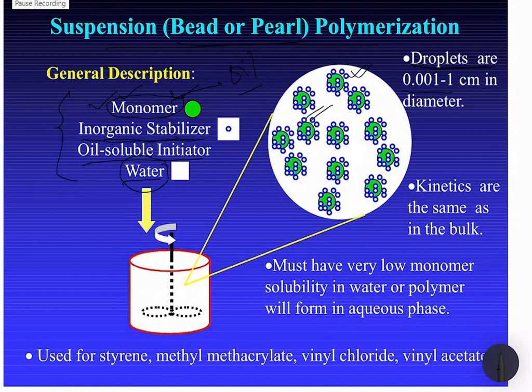So we can have precipitation in the form of beads or pearls of these polymers, and hence the technique is also referred to as bead or pearl polymerization technique. This kind of suspension polymerization can be adopted for polymerization of styrene, methyl methacrylate, vinyl chloride, vinyl acetate, and such types of monomers.